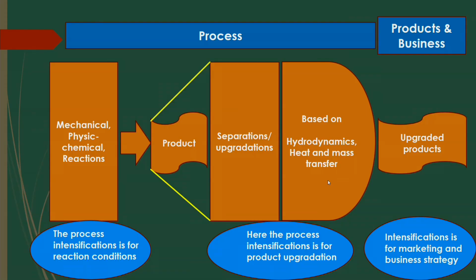Those operating variables are like this: some are called dynamic variables. Dynamic variables are flow rate, velocity of the fluid inside the reactor, and hold up of the phases inside the reactor.